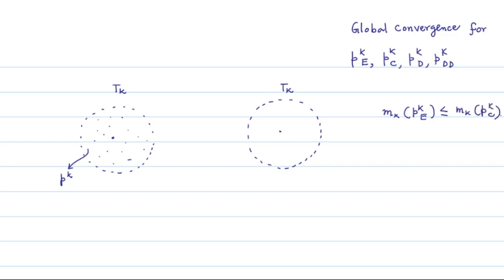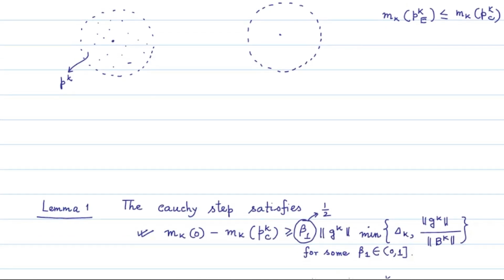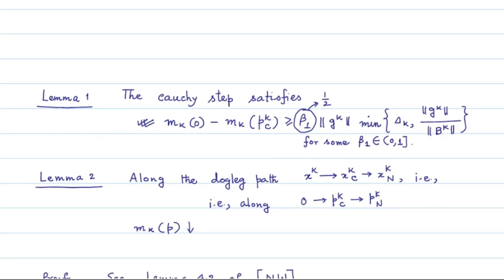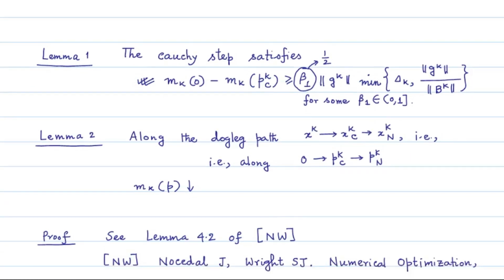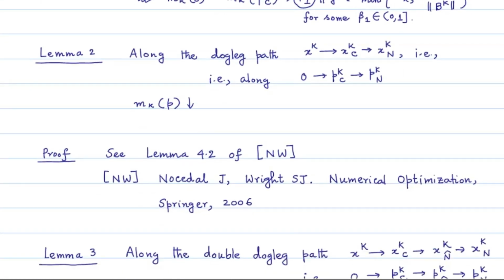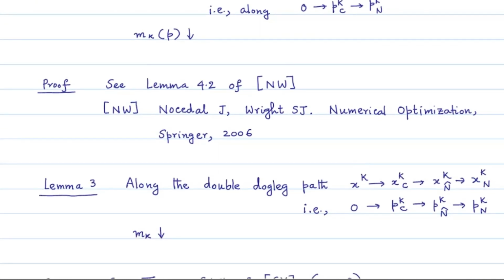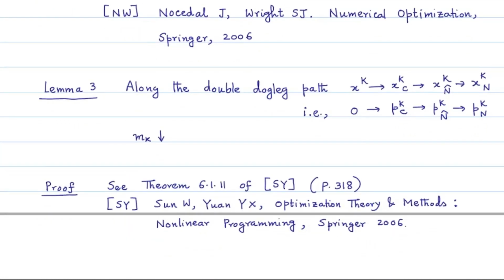Accordingly, as at pkc we have the sufficient reduction condition holding, at pke also the sufficient reduction condition will hold. Well, then for pkd, do we have such sufficient reduction condition holding? The answer is affirmative due to two fascinating results, stating that along the dogleg path the model function value decreases, and as well along the double dogleg path the model function value decreases.